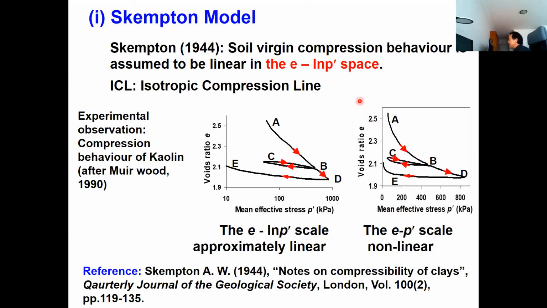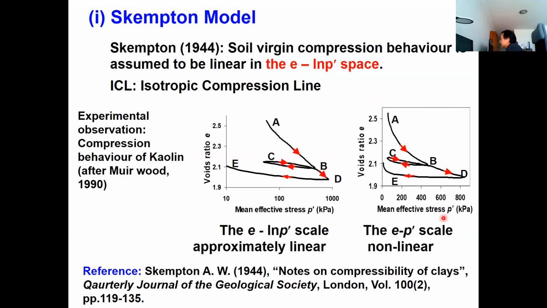If you plot the data in the normal way, you see void ratio from 1.9 to 2.5, stress from 0 to 800, on a normal scale. It is very curved. When we model the curved behavior, it is a mathematical challenge. It's not easy to model it.